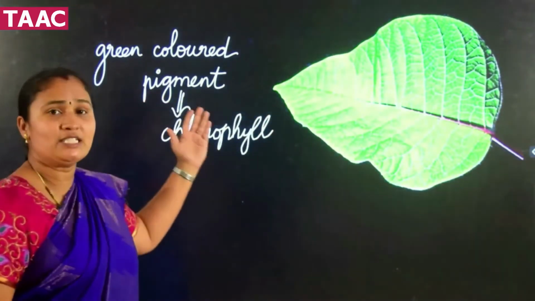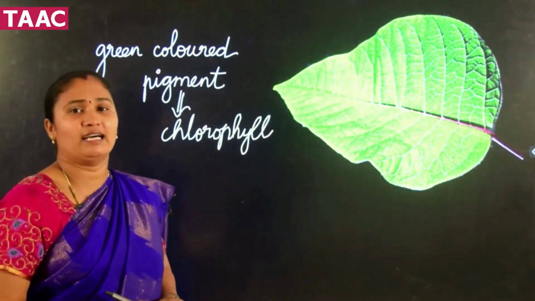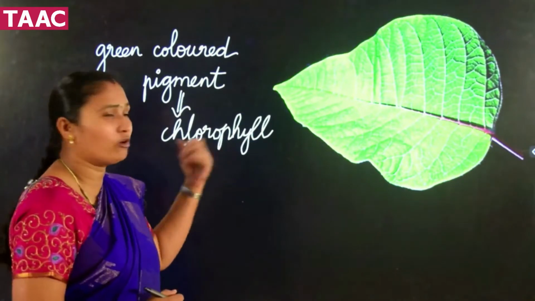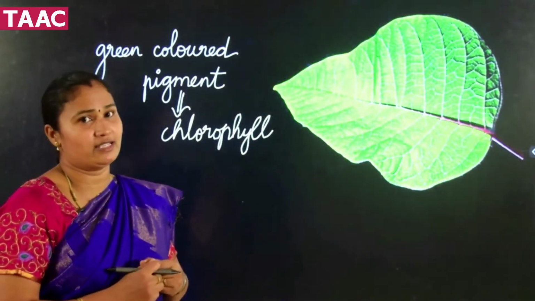So due to the presence of the green colored pigment chlorophyll, the leaves appear green. What is the role of chlorophyll? This chlorophyll is also a very important factor for the process of photosynthesis.